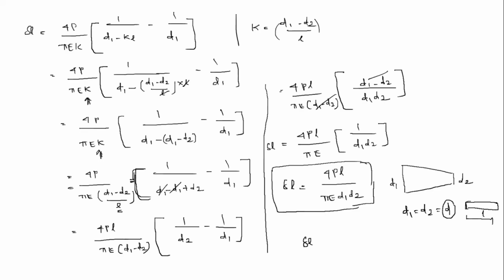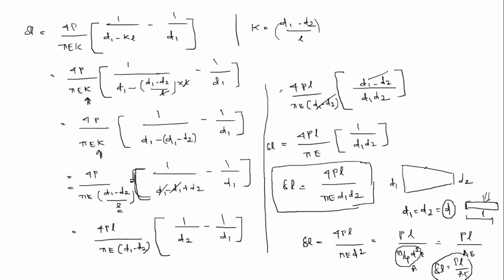So del L is equal to 4PL divided by pi E d squared, which means PL divided by (pi by 4 d squared) into E, and pi by 4 d squared is equal to area A. So del L is equal to PL by AE for uniform diameter throughout the length. For the taper section, del L is equal to 4PL divided by pi E d1 d2. So this is the derivation.